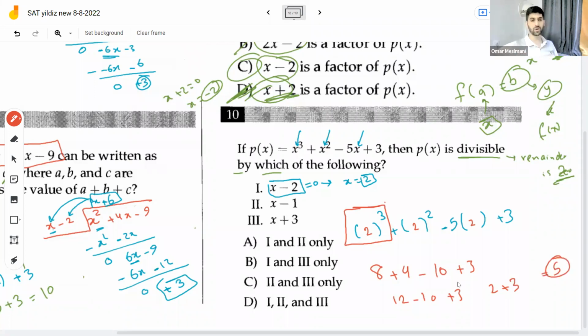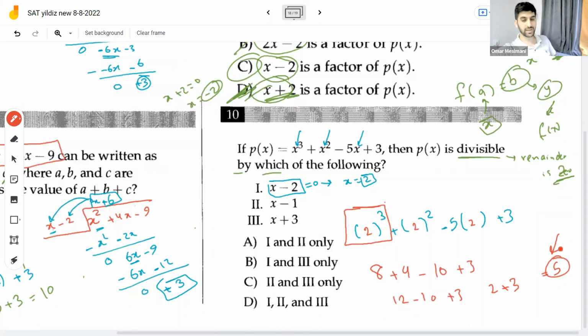No. Who knows what this 5 represents? Remainder, exactly. So who can tell me, how can I say a full statement about this case? Let me tell you the first one.